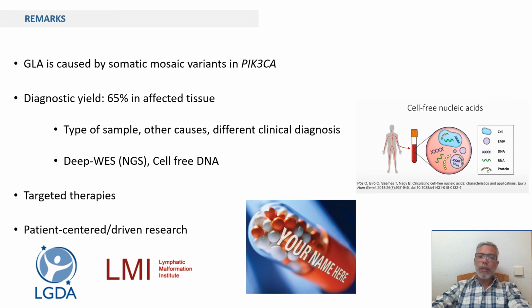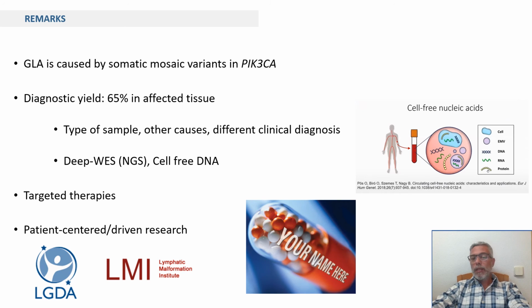So, today we know that GLA is caused by activating mutations in the PIK3CA gene, that its molecular diagnosis due to the mechanism of somatic mosaicism is still complex, that we do not achieve good molecular diagnosis in all patients, and this may be due to the type of sample studied, the possible existence of other causes, or sometimes because the clinical diagnosis is just not easy.